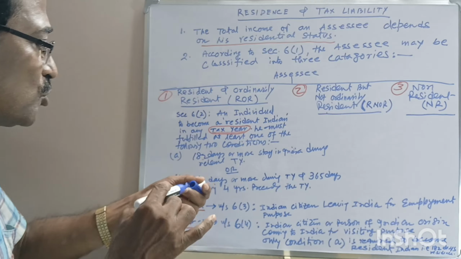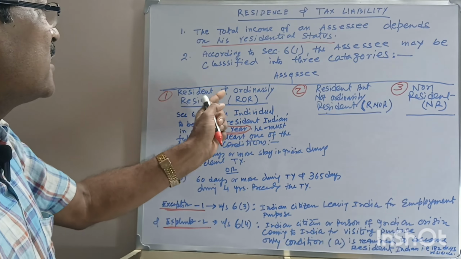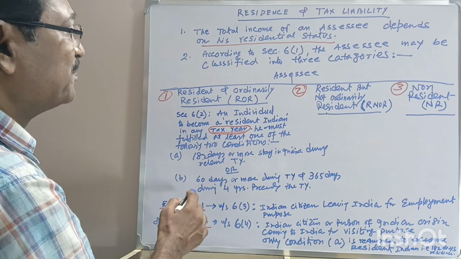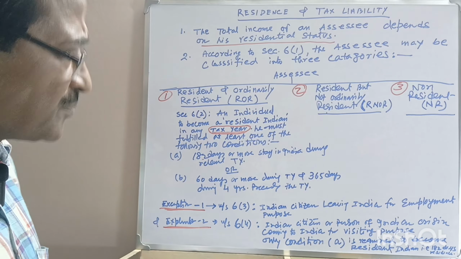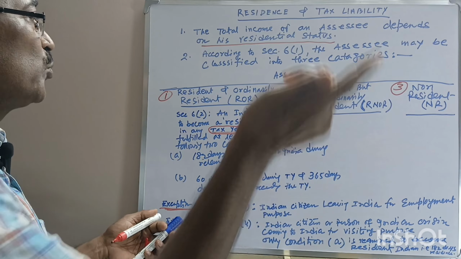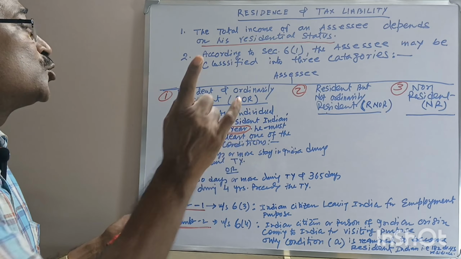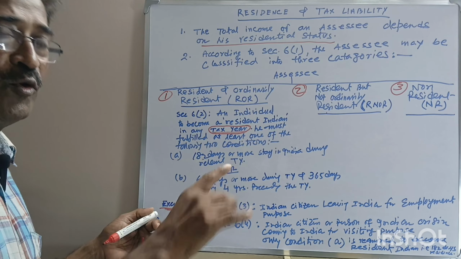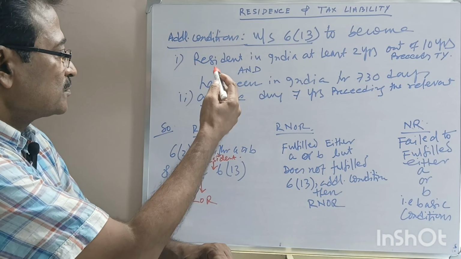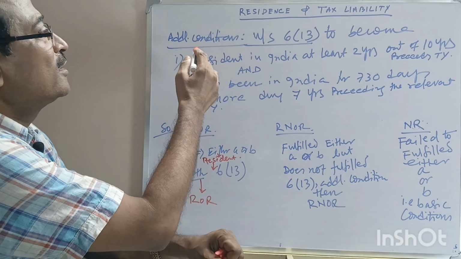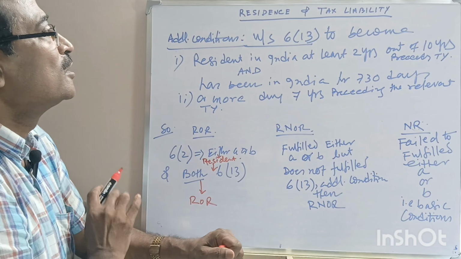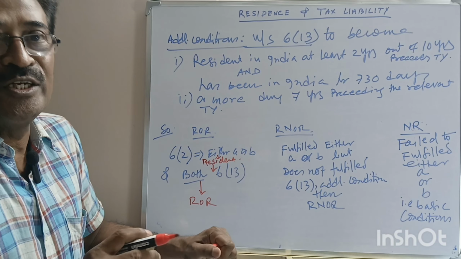Okay. So now we learn that to become a resident person in India, one has to fulfill either A or B. But to become an ordinarily resident person, 2 more additional conditions have to be fulfilled, and both additional conditions must be fulfilled. So one has to fulfill 2 more additional conditions under section 6 subsection 13 to become ordinarily resident in India.